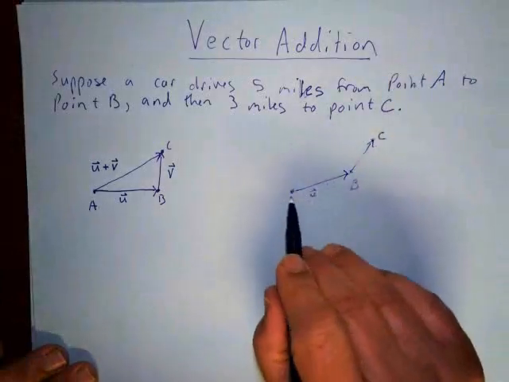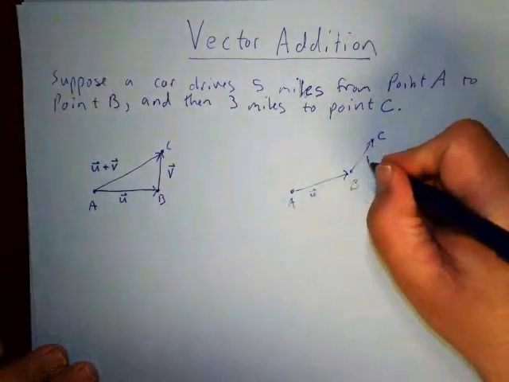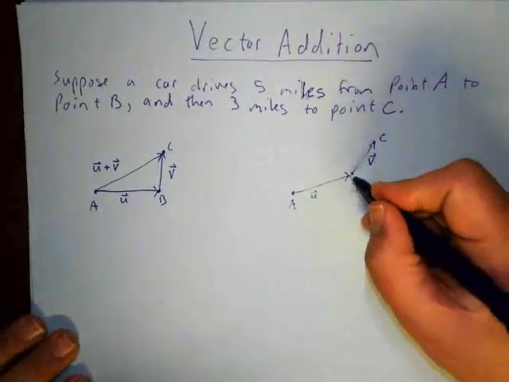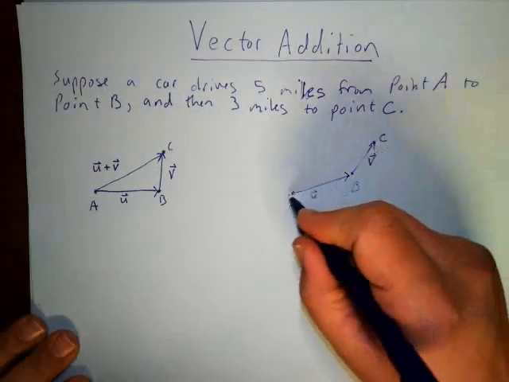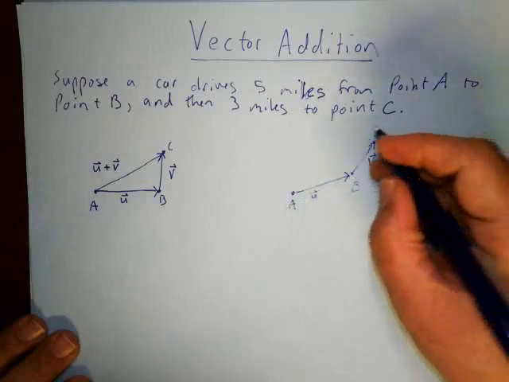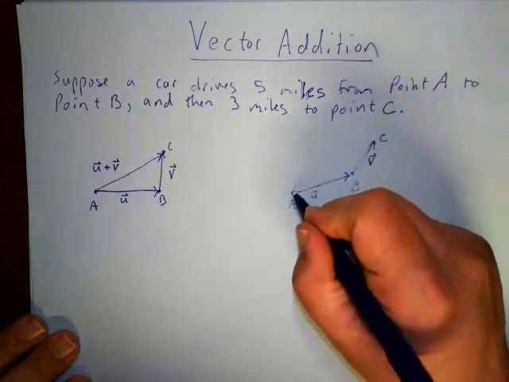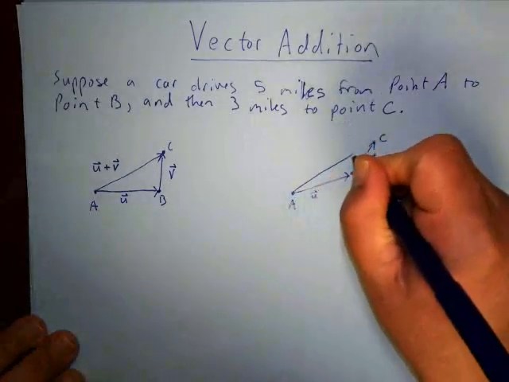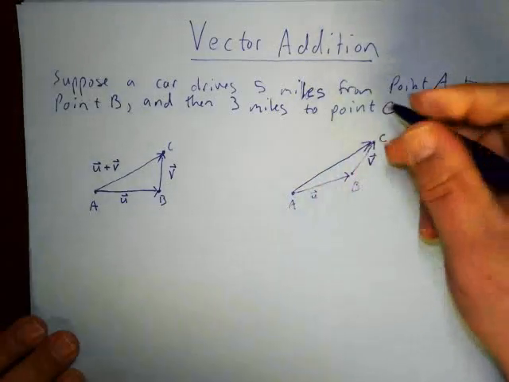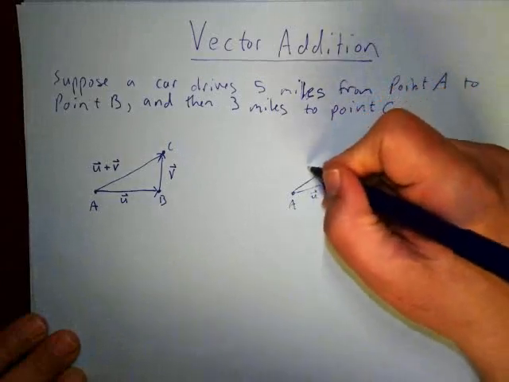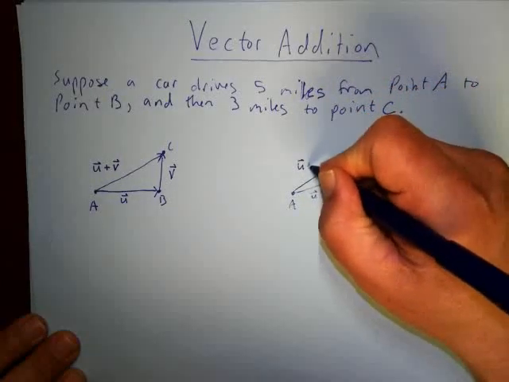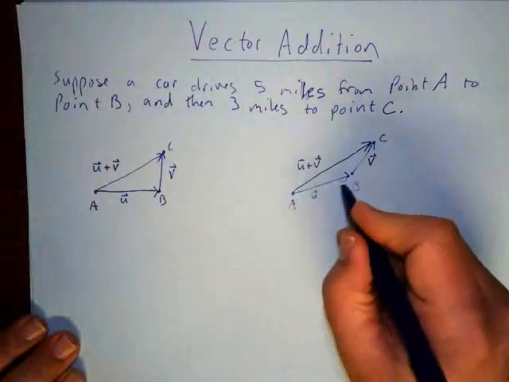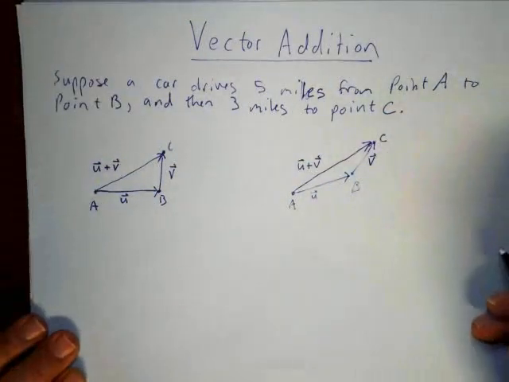Same idea. This is one vector. This is the other vector. The addition of U plus V would be the distance from the beginning, A, to the end, C. And so this would be your U plus V.